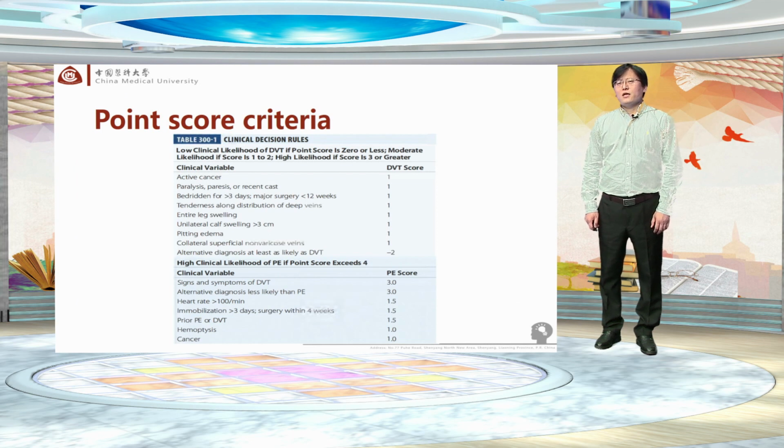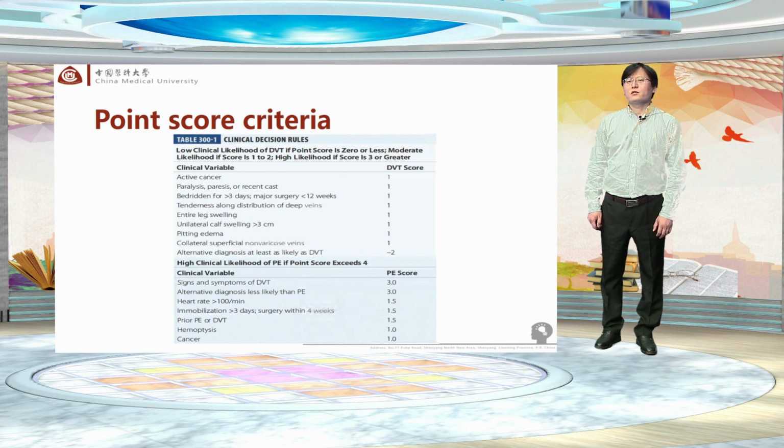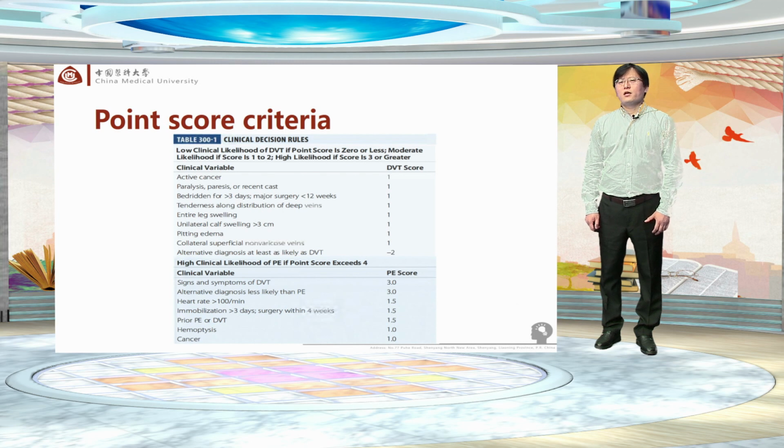And since it's so difficult to diagnose pulmonary thromboembolism, we do have some clinical prediction score criteria to help us. Here is a typical clinical decision rule for the diagnosis of DVT and PE. We're not going to go through all the items here.